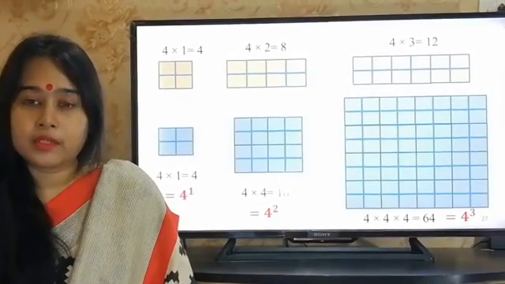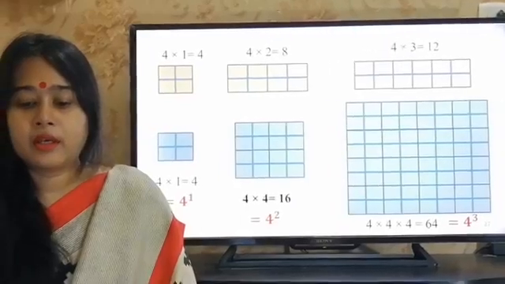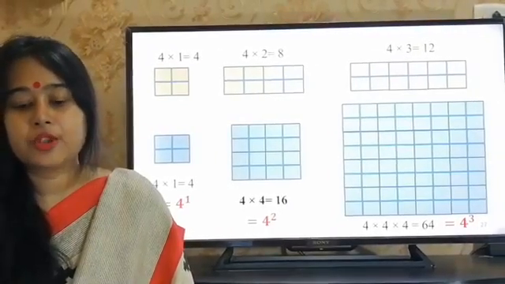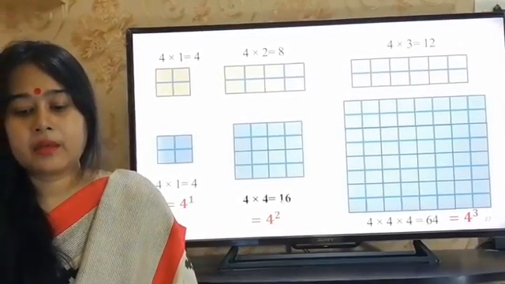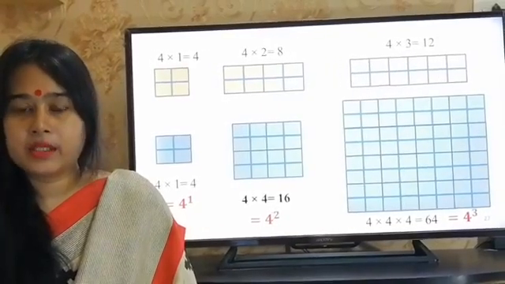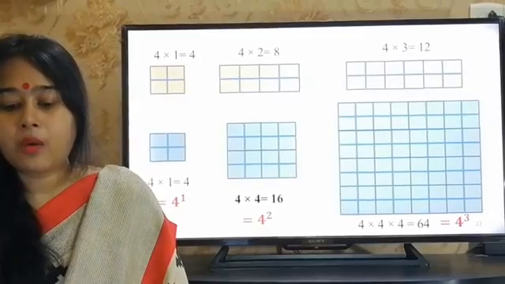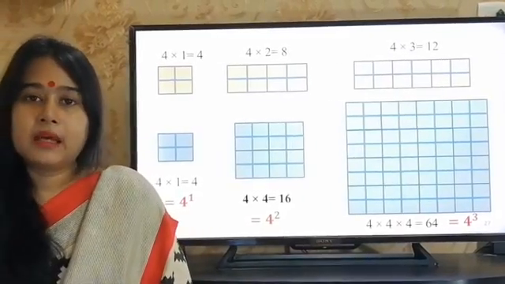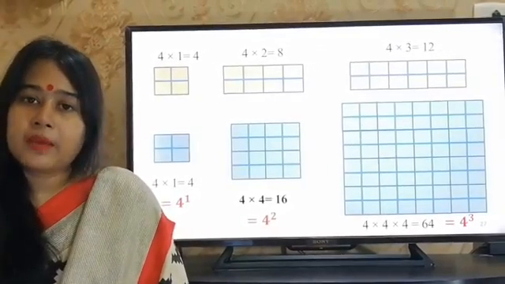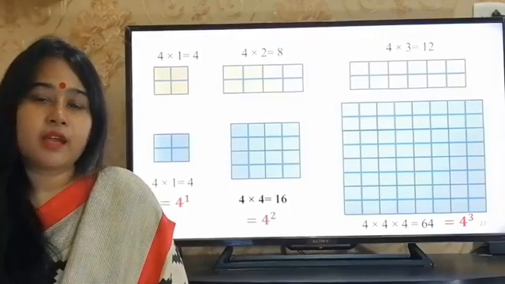That means 4 boxes. Here for this example, you can see 4 into 4. We can write it 16 or express it in an exponent like 4 to the power 2. That means 4 is multiplied by itself how many times? 2 times.